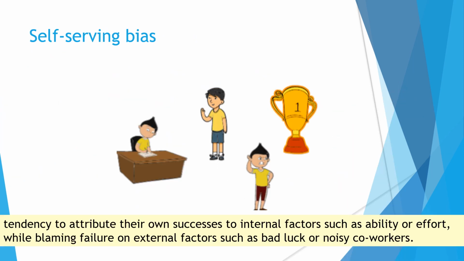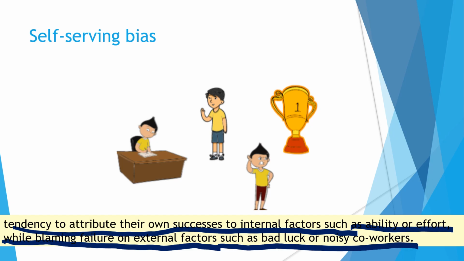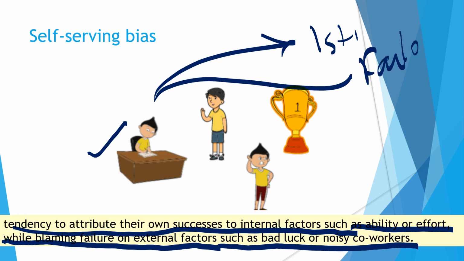Now let's talk about the self-serving bias. Individuals have the tendency to attribute their own success to internal factors such as ability or effort, while blaming failures on external factors such as bad luck or noisy co-workers. For example, Bunty is studying, so there could be two outcomes: one, he came first in the class, and second, he failed in the class.